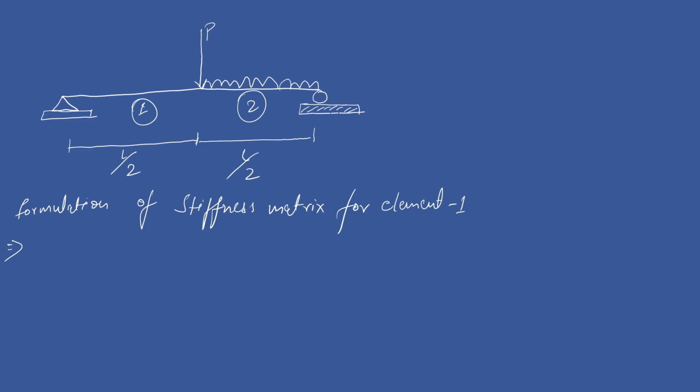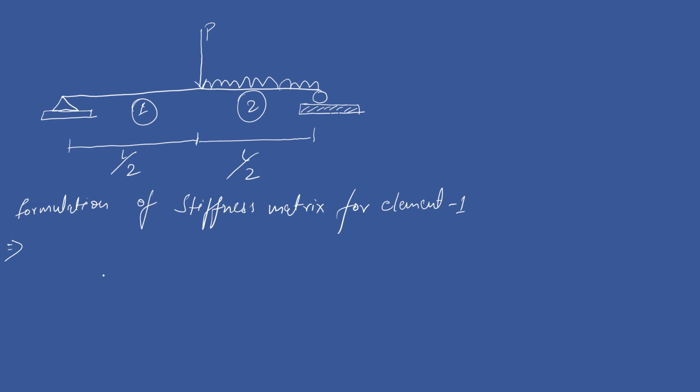This type of thing you would have done in your structural analysis part, where you know how to formulate the stiffness matrix. Another way, which we have also learned in our initial tutorials, is that you can utilize the shape functions to formulate the stiffness matrix.